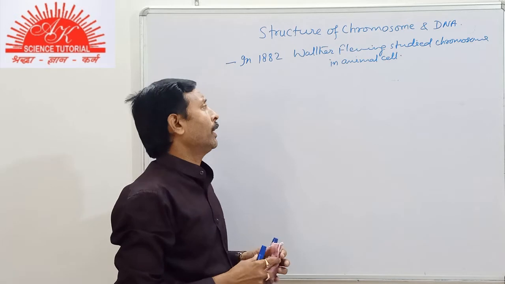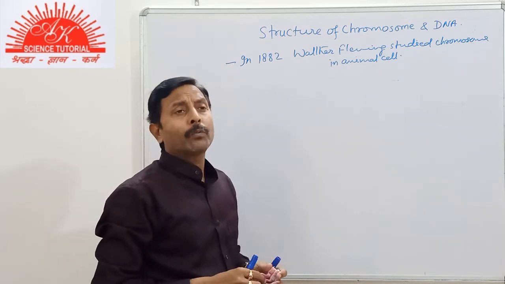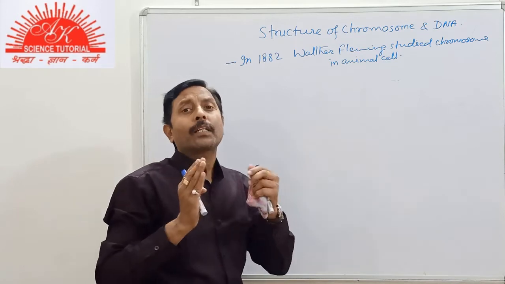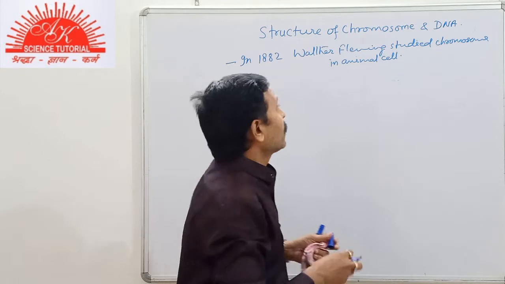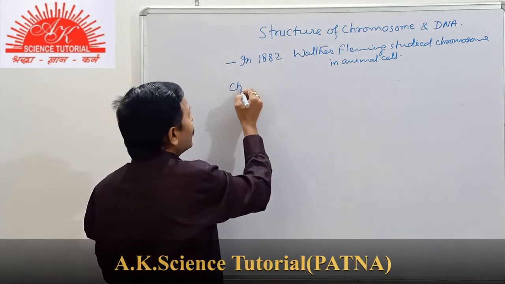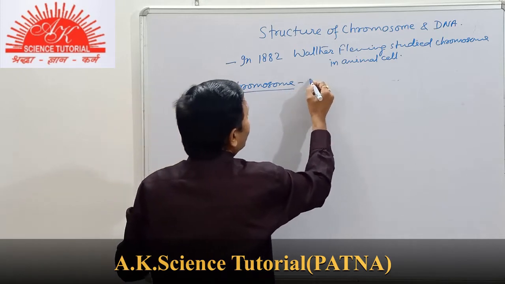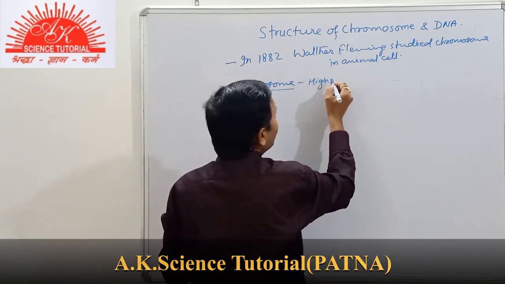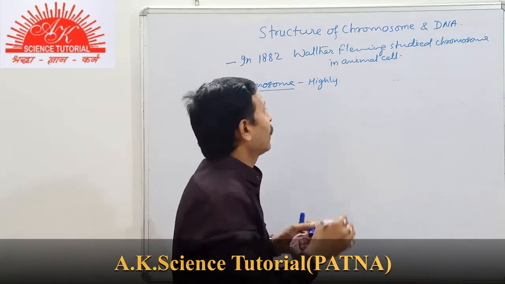Now you see here, students, the chromosome is the term generally used at the time of cell division when it is highly condensed chromatin fiber. So if you say what is chromosome, then it is highly coiled. We also say supercoiled.